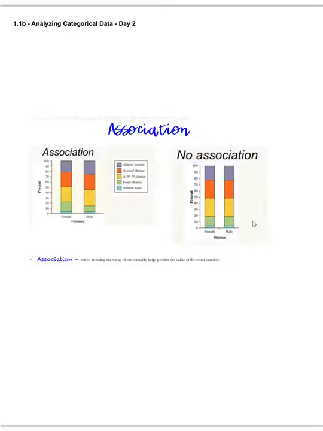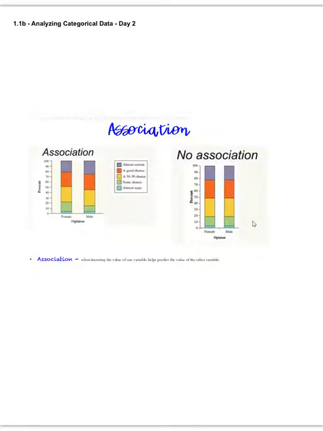It doesn't matter if you're male or female in this graph. Your gender doesn't impact your opinion. Whereas over here, the green is a little smaller for the males, the yellow's about the same, the orange is bigger for the males, and the purple is bigger for the males.